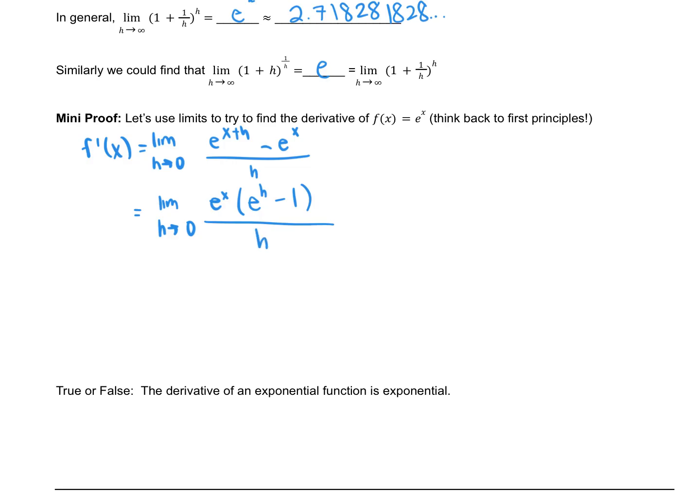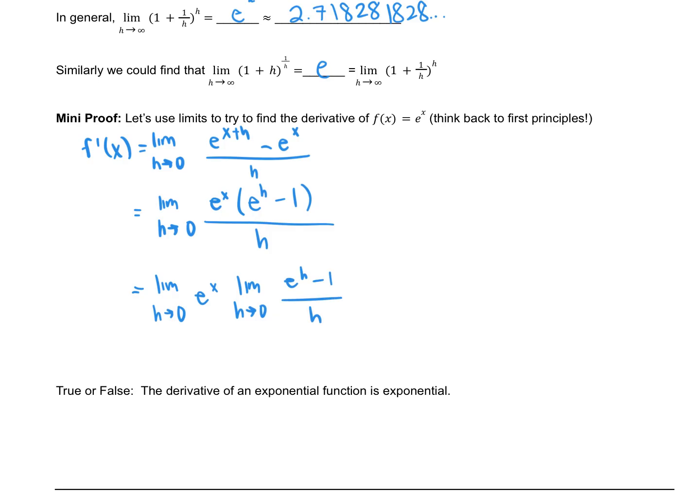Now I'm going to use our limit properties, and whenever we have a function that is made up of the product of two other functions, we can just apply the limit to those two individual functions. So I'm going to do the limit as h approaches 0 of e to the x times the limit as h approaches 0 of e to the h minus 1 all over h.